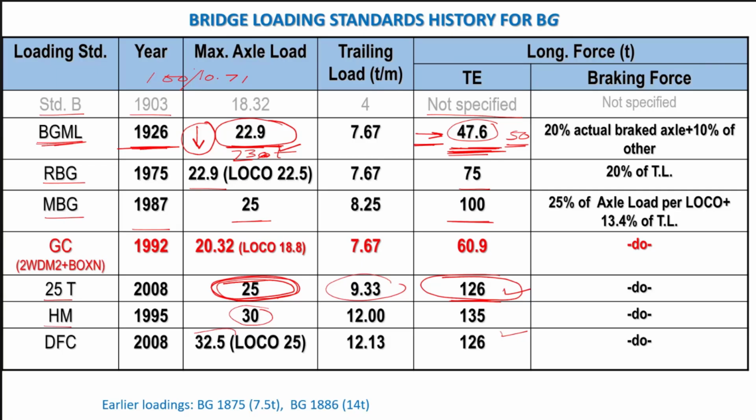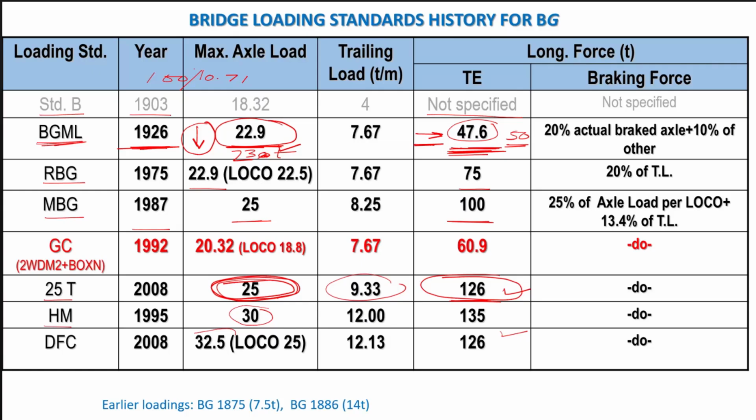Initially it is the tractive force, because tractive force is given by the locomotive only, whereas braking force is produced by the complete train. All axles are braking, so braking force is governing after 50-60 meter. I will show you some of the calculation, then it will be clear. Okay. Thank you.